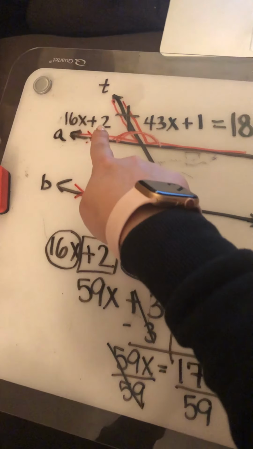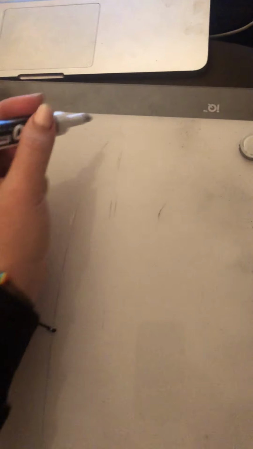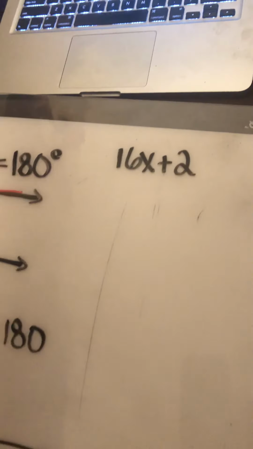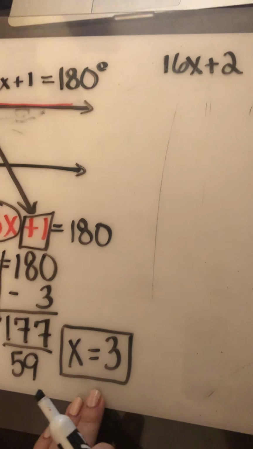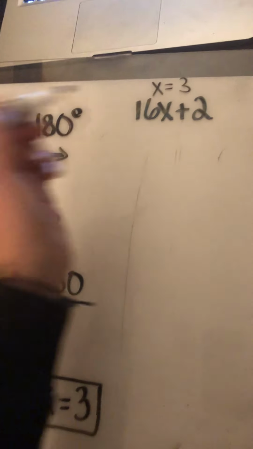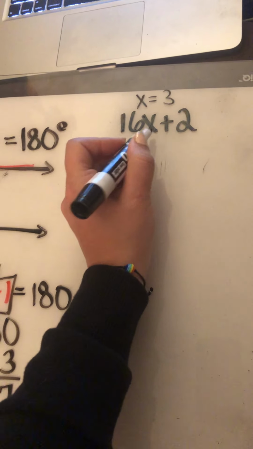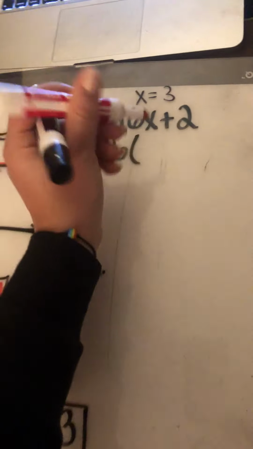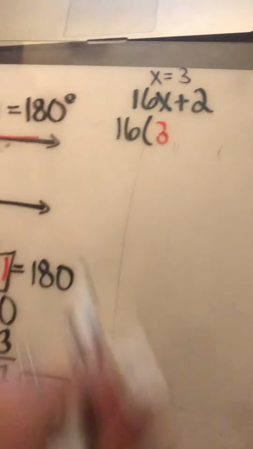So let's solve for 16x plus 2 first. I'm going to put that up here. 16x plus 2. Now, I already know what x equals. x equals 3. So I'm going to plug x equals 3 into x. I'm not going to write it in my angle anymore. So I'm going to do 16 times 3.